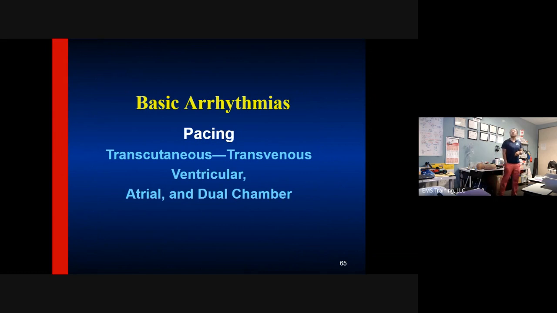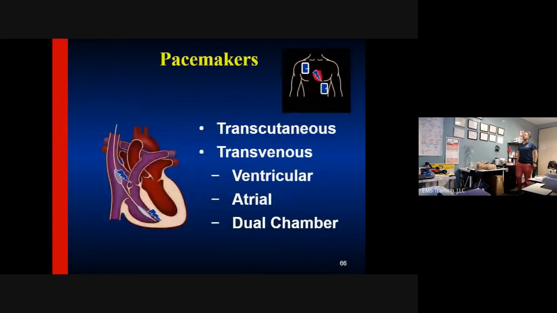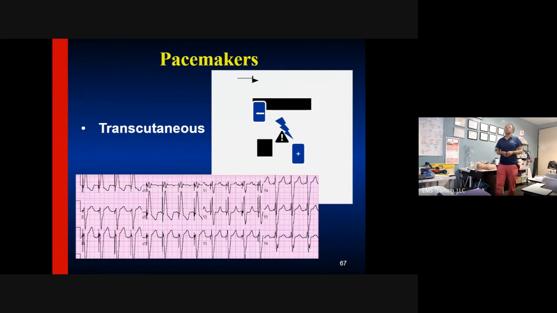So pacing, we have transvenous pacemakers, ventricular, atrial, or dual chamber. So, ventricular pacemakers are in the ventricles, atrial in the atrium, dual chambers do both. So this is what it looks like on an EKG that's being transcutaneously paced, meaning we put the pads on the patient and we're transcutaneously pacing the patient.